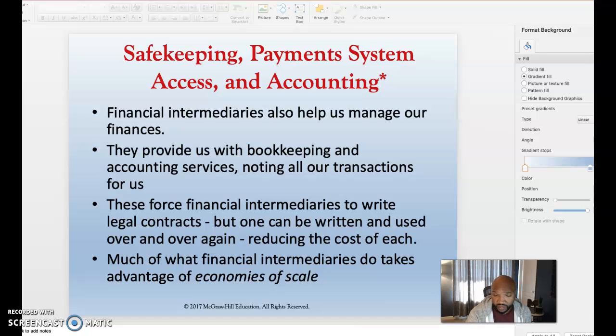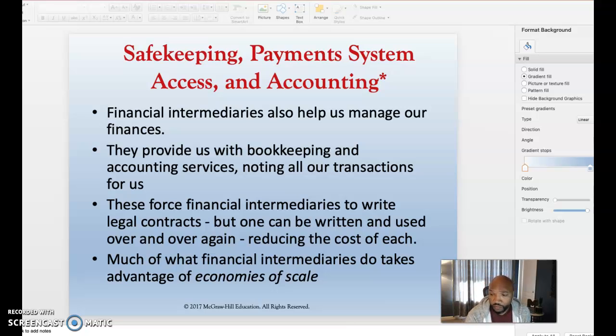I think we've talked about this in an earlier chapter, but your next test question is on economies of scale. Economies of scale basically says that the more of something I produce, the cheaper it is per item. If I produce 100 cookies, it's going to cost me more per item to make than 1,000 cookies. That's the whole concept of economies of scale.